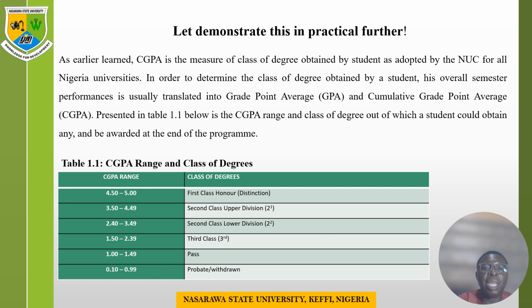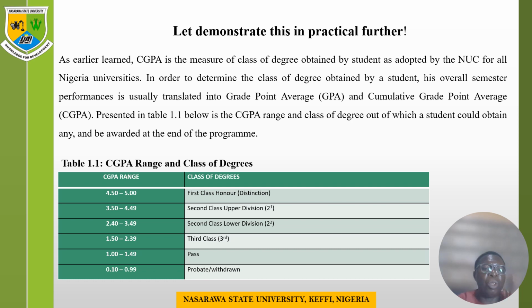In order to determine the class of degree obtained by a student, his overall semester performance is usually translated into grade point average, which is GPA, and cumulative grade point average, which is CGPA. Presented in table 1.1 below is the CGPA range and class of degree out of which a student could obtain any and be awarded at the end of the program.